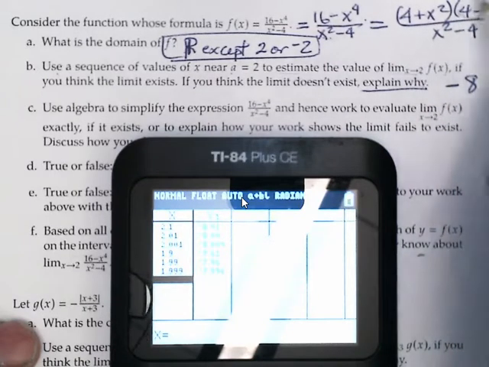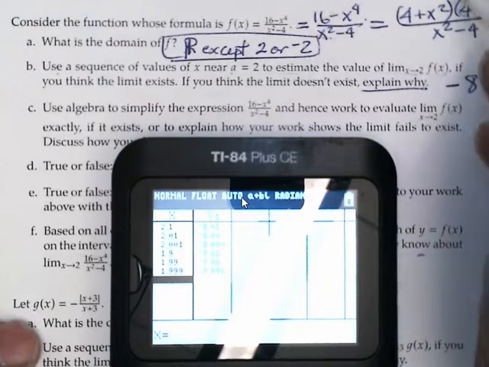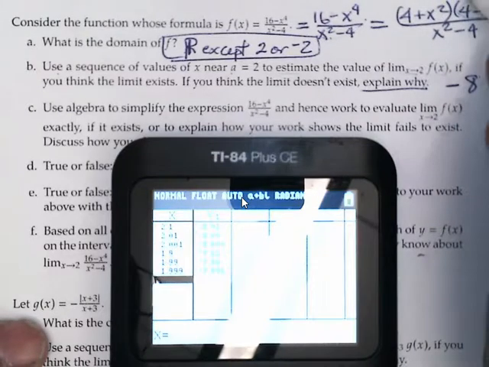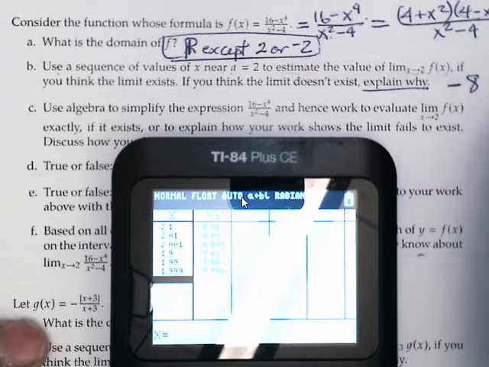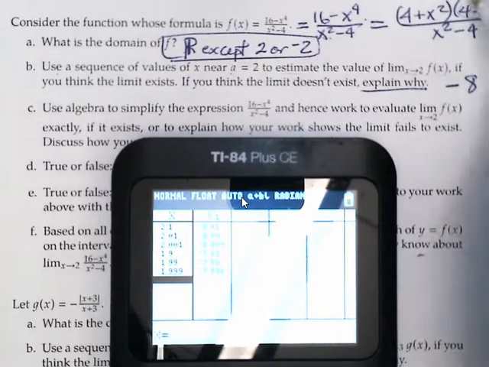I'd have to factor out a minus 1. This could be minus 4 plus x squared if I take times a negative 1. So negative 1 times minus 4 is plus 4. Negative 1 times x squared is minus x squared. So I could replace this with that, and that is the same as this, a minus 4 and a plus x squared, so they would cancel.